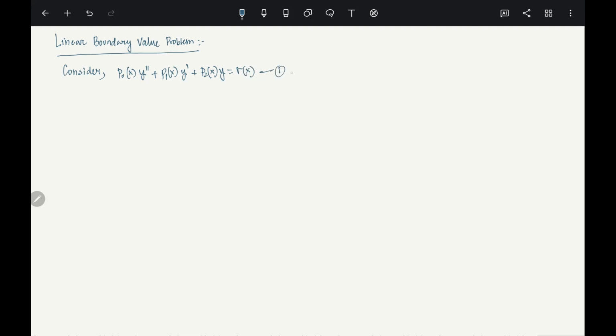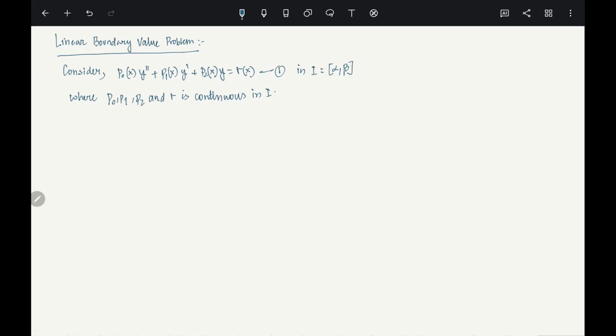This is in some interval I, which is alpha beta, where p0, p1, p2 and r are assumed to be continuous in I. This is our assumption.